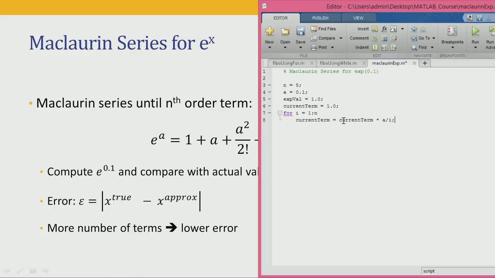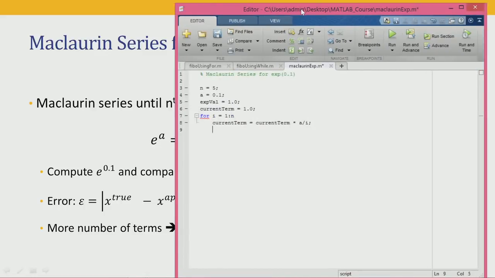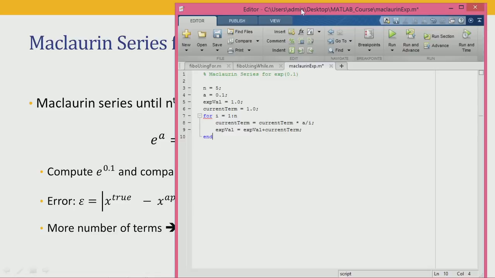The next term will be a square by 2 multiplied by a by 3, that would be a cube by 3 factorial, so on and so forth. Okay. And our exp val equal to exp val plus current term. Okay. And I will end this loop over here. So, that is going to be the value of exp val.